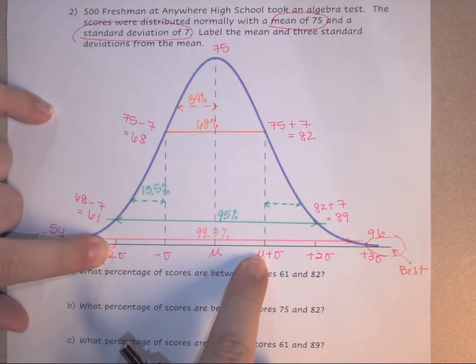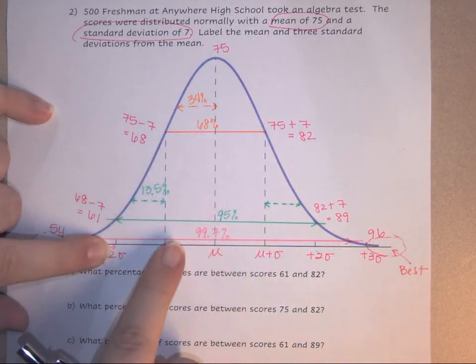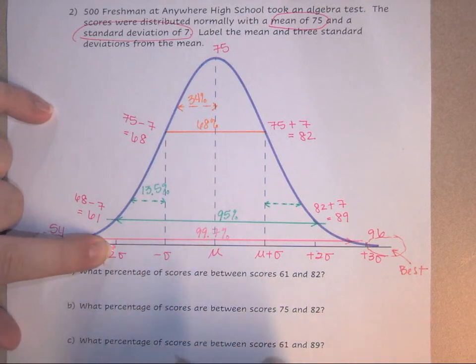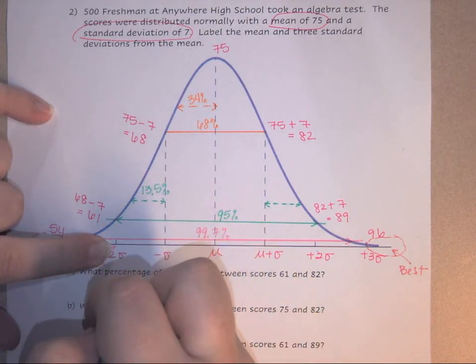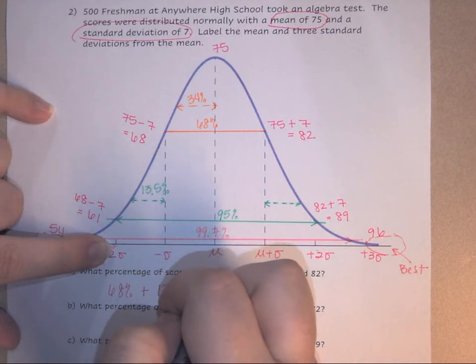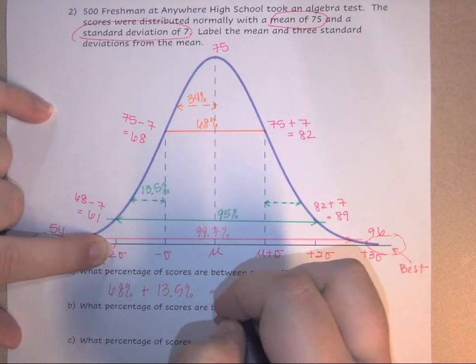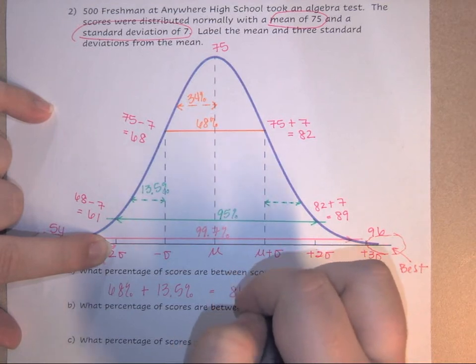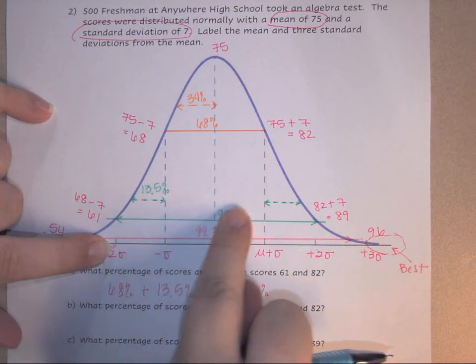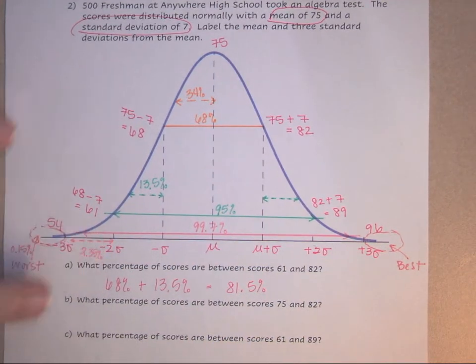So in this case, I know my middle is the 68% plus the additional 13.5% is going to give me 81.5% of the scores is going to fall in that section.